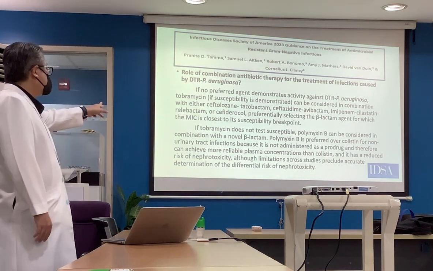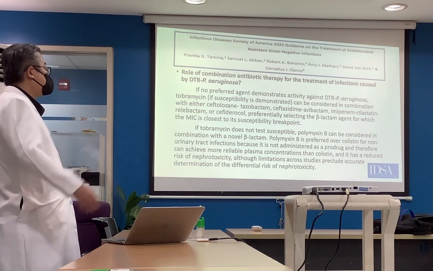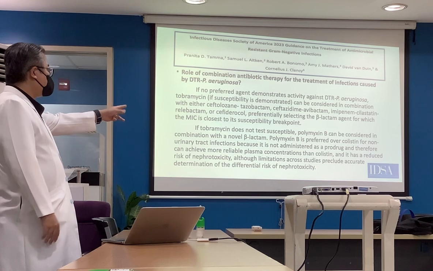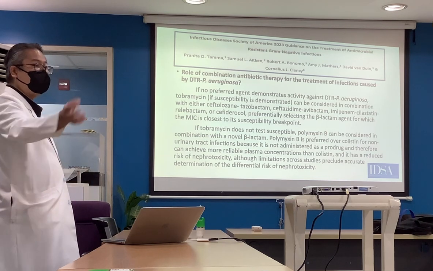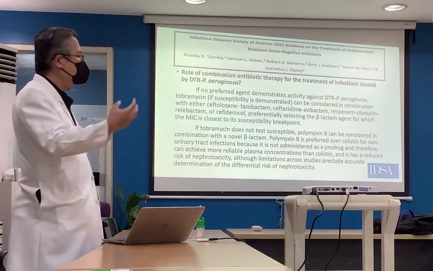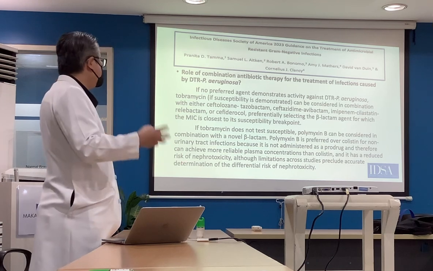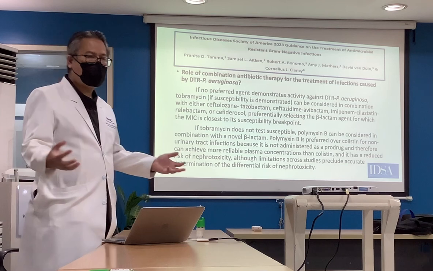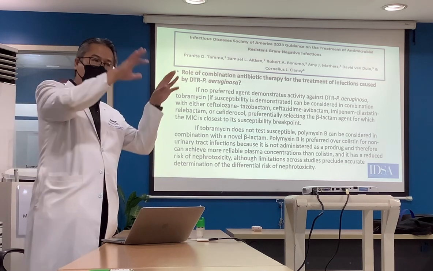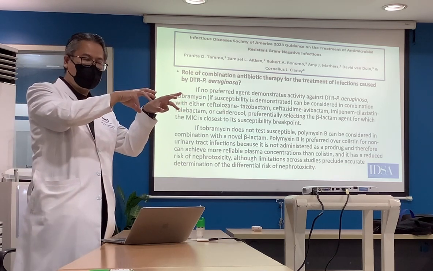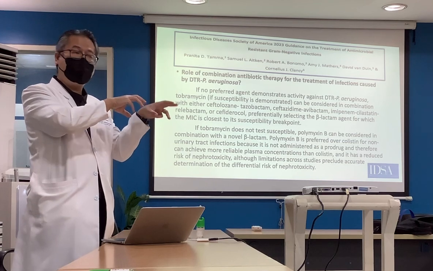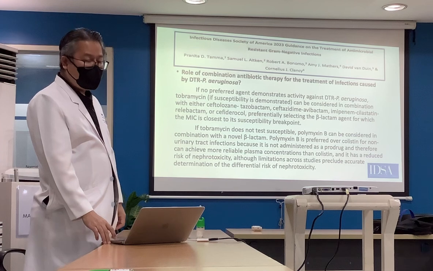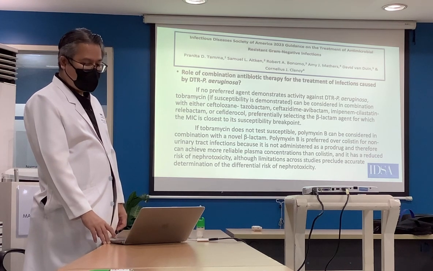Okay? If tobramycin does not test susceptible, polymyxin B can be considered, and polymyxin B is preferred over colistin if not UTI. Pero if UTI, again, the principle is, if it's urinary tract, then colistin is preferred. Okay? But in essence, combination therapy these days, previously empiric, sila talagang combination talagang first line. 2019, 2023, hindi na masyado. Parang combination therapy becomes the last line.